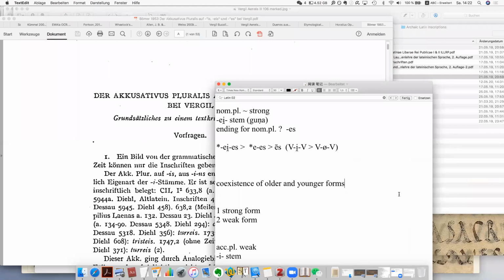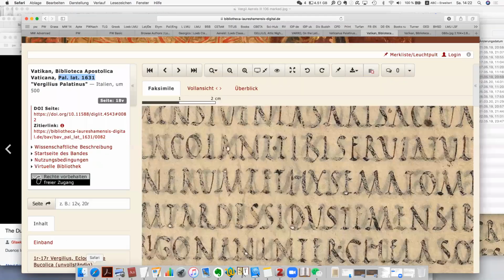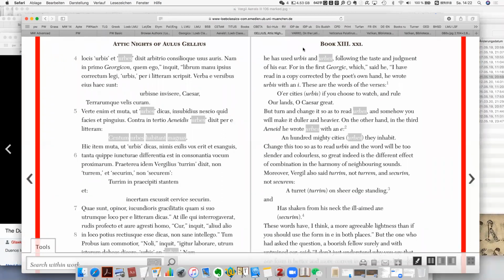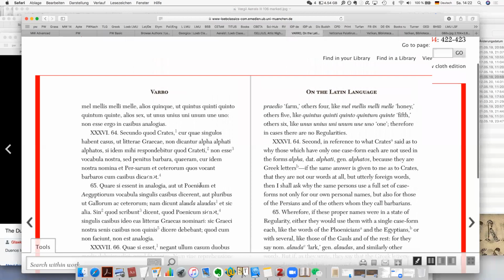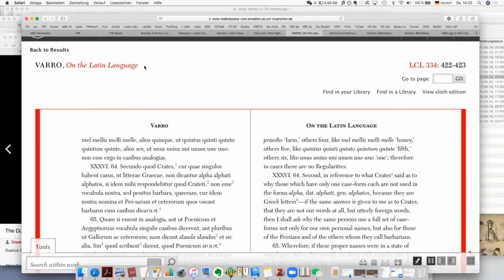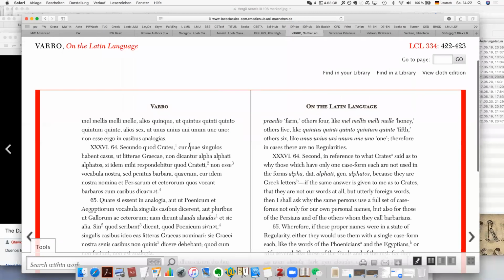Okay, we already talked about these cases. I'm not sure if I can say something more. Probably we can check the information in the ancient Latin grammar by Varro.